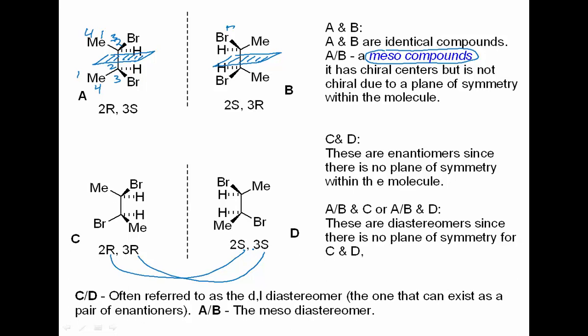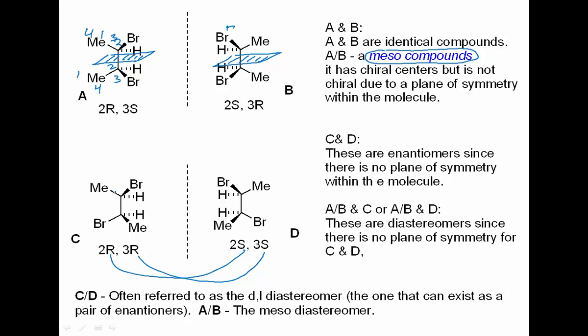So C and D are enantiomers, and there's no plane of symmetry within this molecule. Hydrogens line up across the plane, but bromine sees methyl here, so that's not a plane of symmetry. The plane of symmetry we had in the AB system does not exist in the CD system. Therefore, C and D are chiral molecules, not meso.